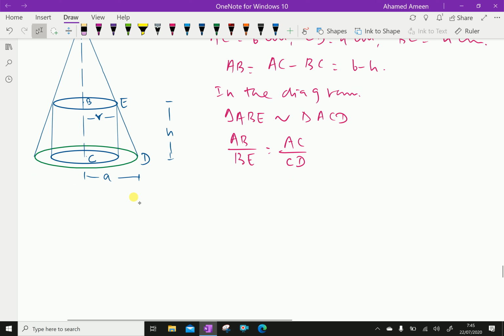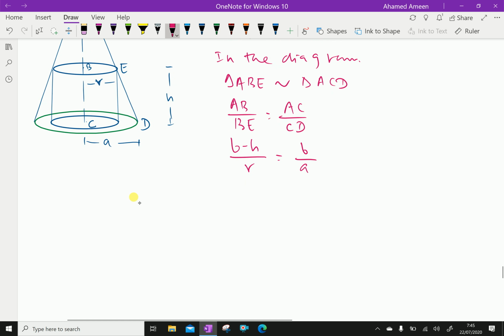Regarding that, we write B minus H over R equals B over A. From that we can get the value of R: R is A over B times (B minus H).